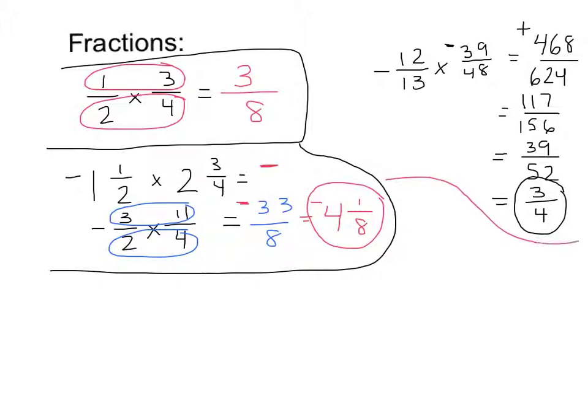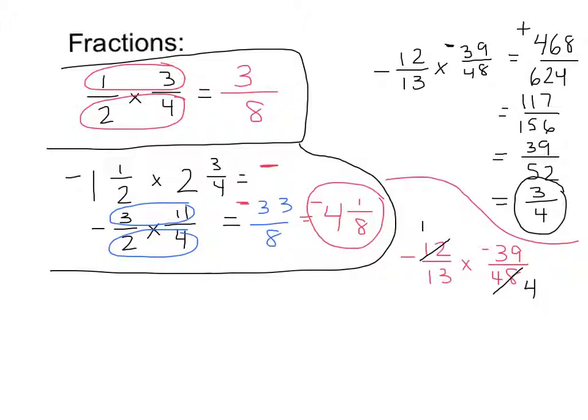Let's show you a shortcut. If I deal with -12/13 times -39/48, I can look and say, how can I simplify this? Looking always on the diagonal, so up and down, and then also on the diagonal. You have to have one factor in the numerator, one in the denominator. So for example, 12 and 48 are both divisible by 12. 12 is divisible by 12 once, 48 is divisible by 12 4 times.